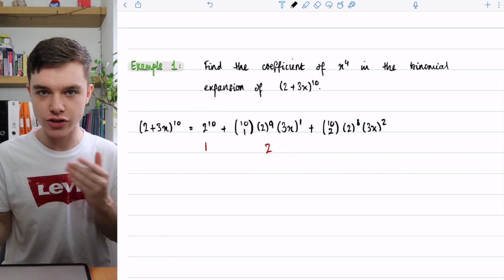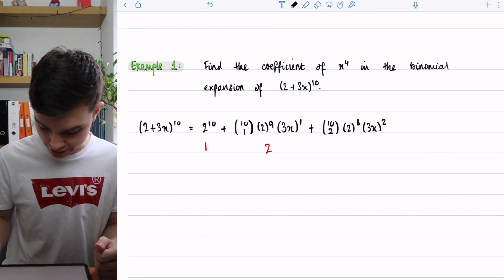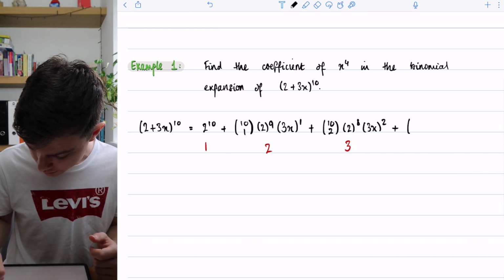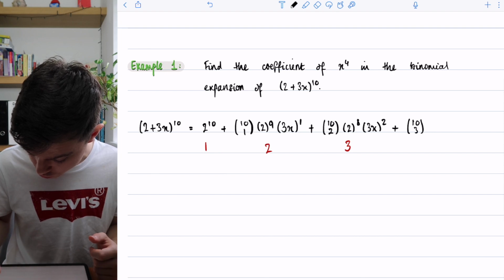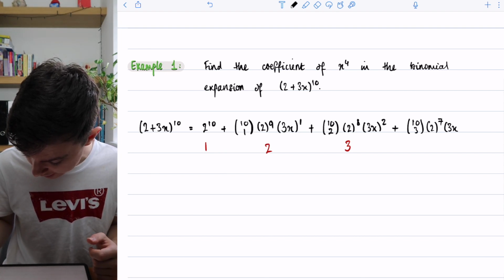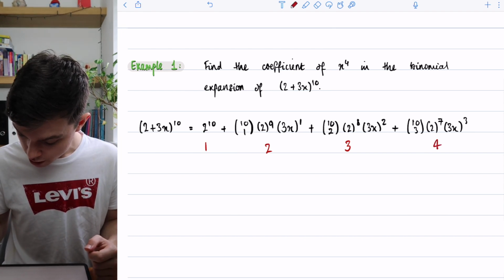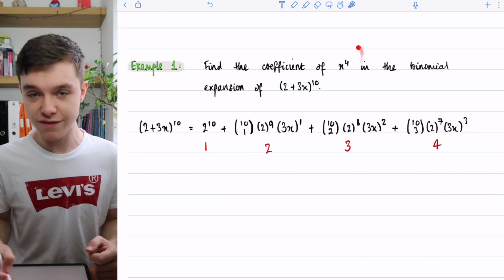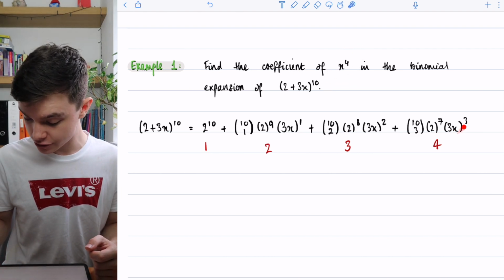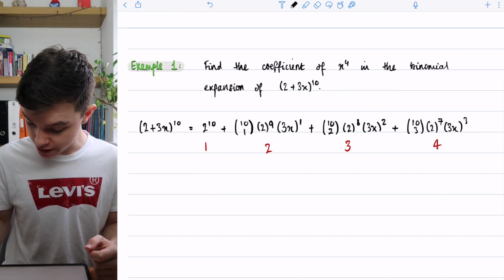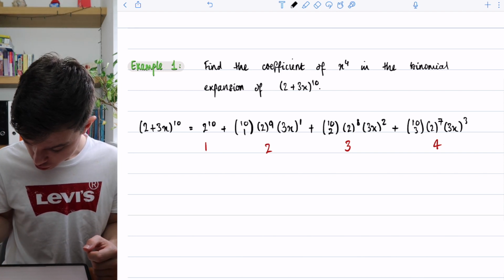That's a nice way of checking you're doing the expansion correctly. Then the next one is 10 choose 3, with 2 to the 7 and then 3x to the 3. That's the fourth term, but it's not going to give me an x to the 4, because we have an x cubed here. So we need to do the next term.